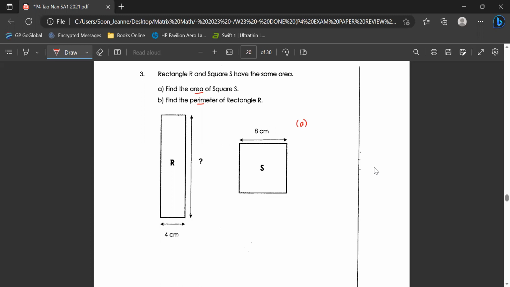A square has 4 equal sides, so the side is 8, and this will also be 8 cm. So square S, it would be length times breadth. So it's 8 times 8. Your answer will be 64 square centimeter.